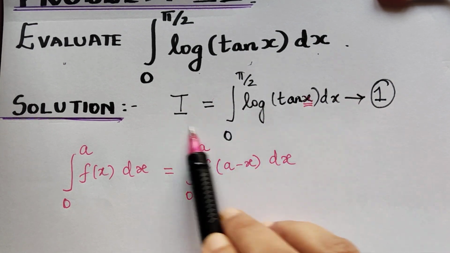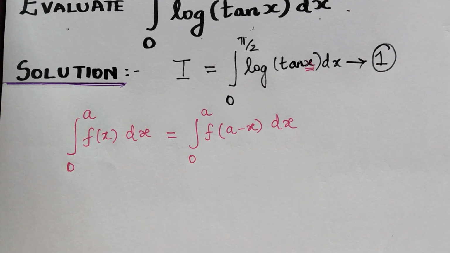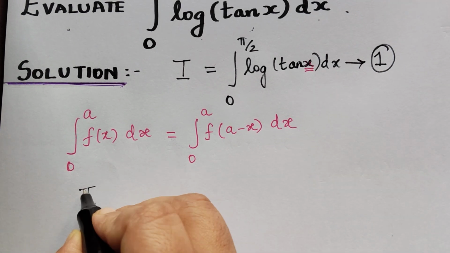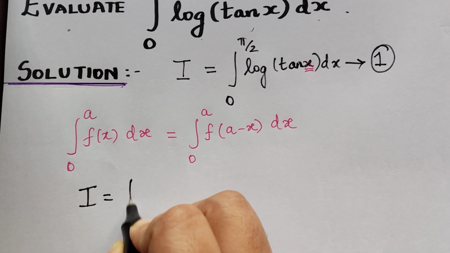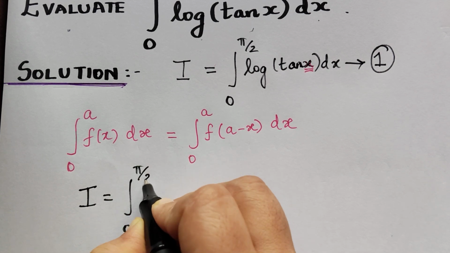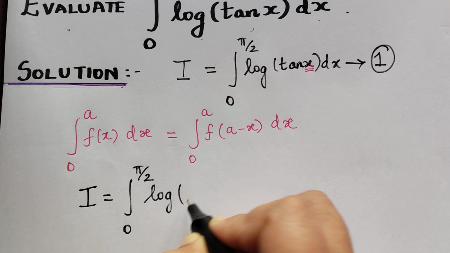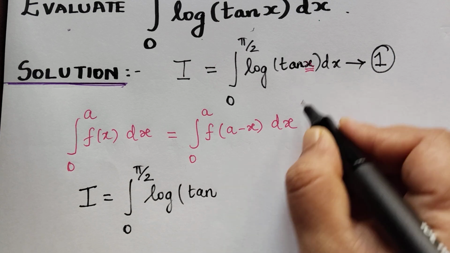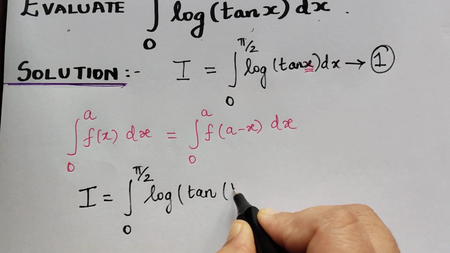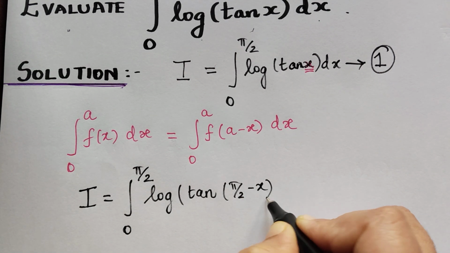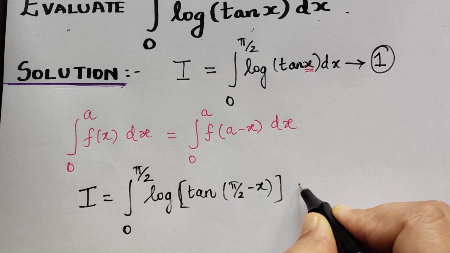So I is equal to the integral from 0 to pi by 2 of logarithm of tan x, where instead of x we replace it by pi by 2 minus x, and dx.